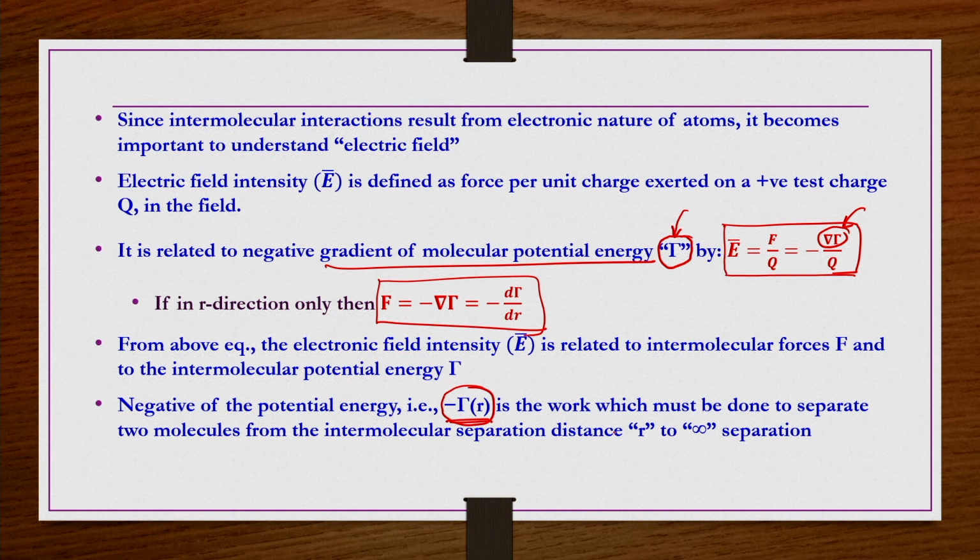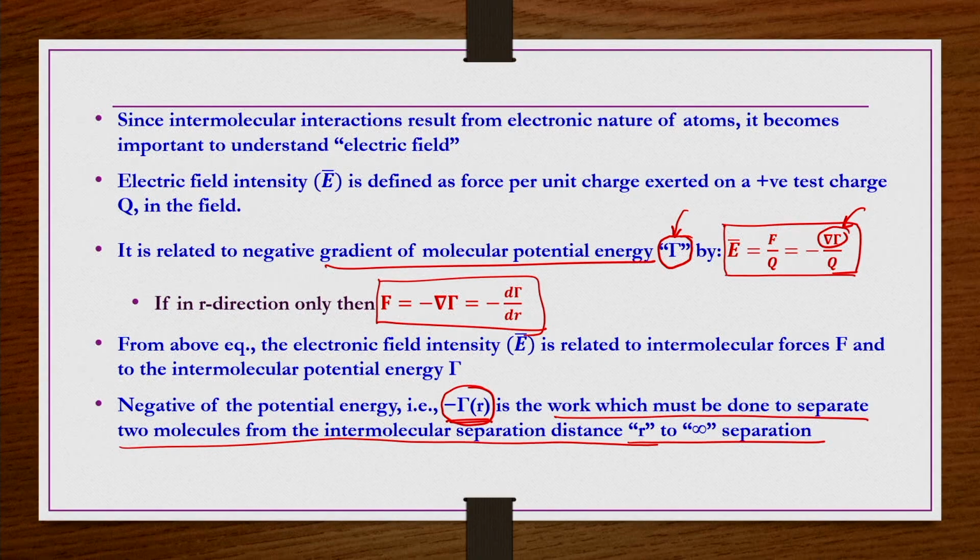It indicates the work that must be done to separate two molecules from the intermolecular separation distance r to infinite separation, because this gamma is active for that separation distance r, right. This r may be 0 to a certain r, and between this limit only this gamma is acting, that is, the intermolecular potential is there. But if you go beyond r towards r equals infinity, there will not be any intermolecular force.